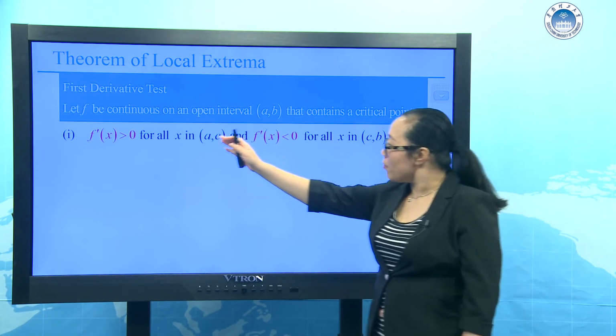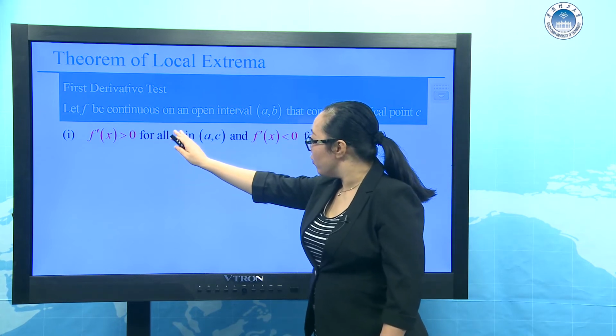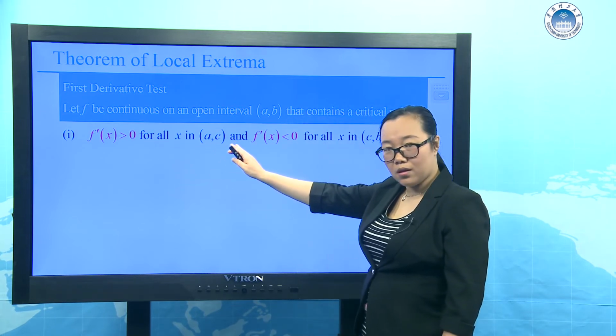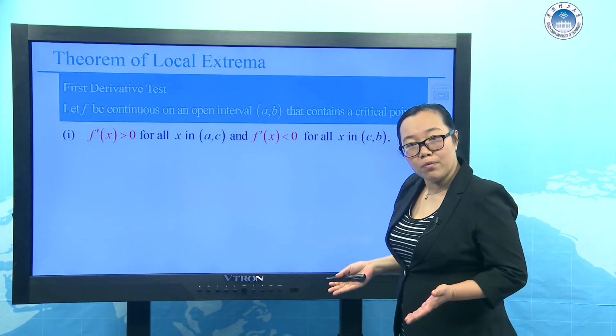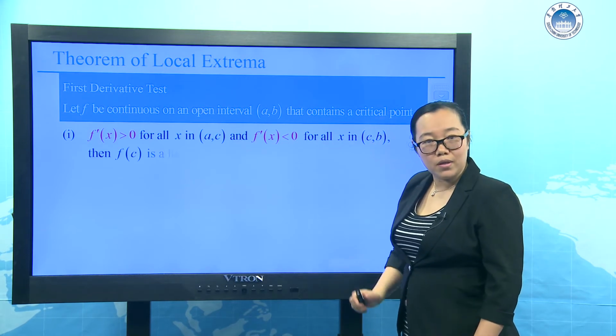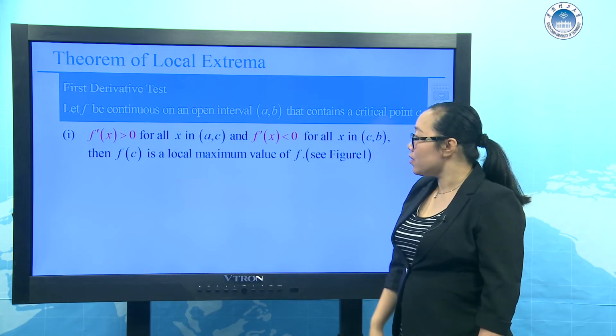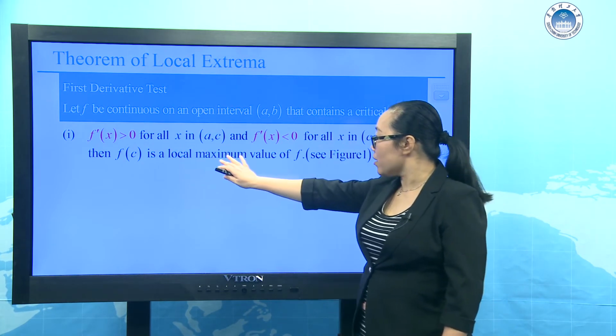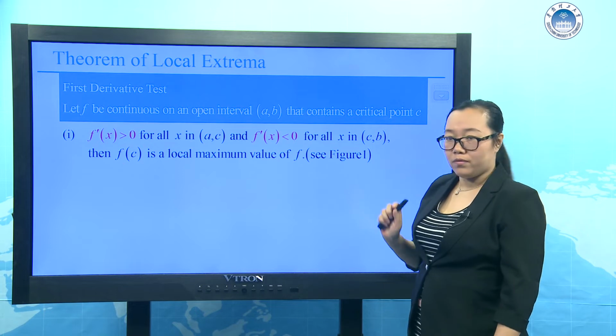If f'(x) is greater than 0 for x in (a,c), and f'(x) is less than 0 for all x in (c,b), then f(c) is a local maximum value of f.